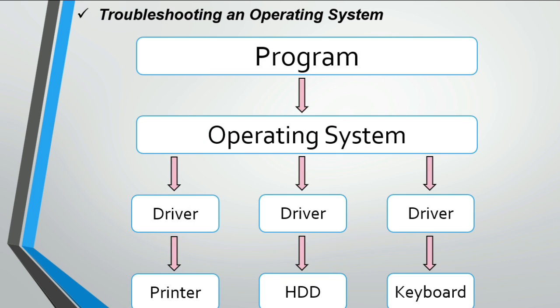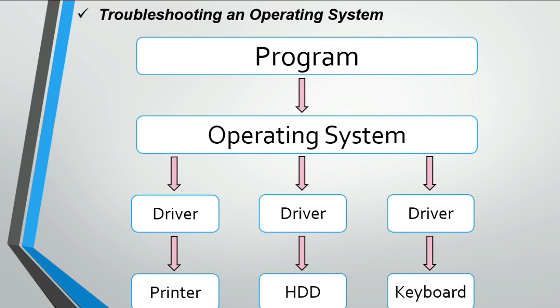So if you look at this diagram, as you see, we have here the operating system, okay, and we have drivers, and we have the devices. So always the operating system is the main software that makes programs, drivers, and devices work correctly.